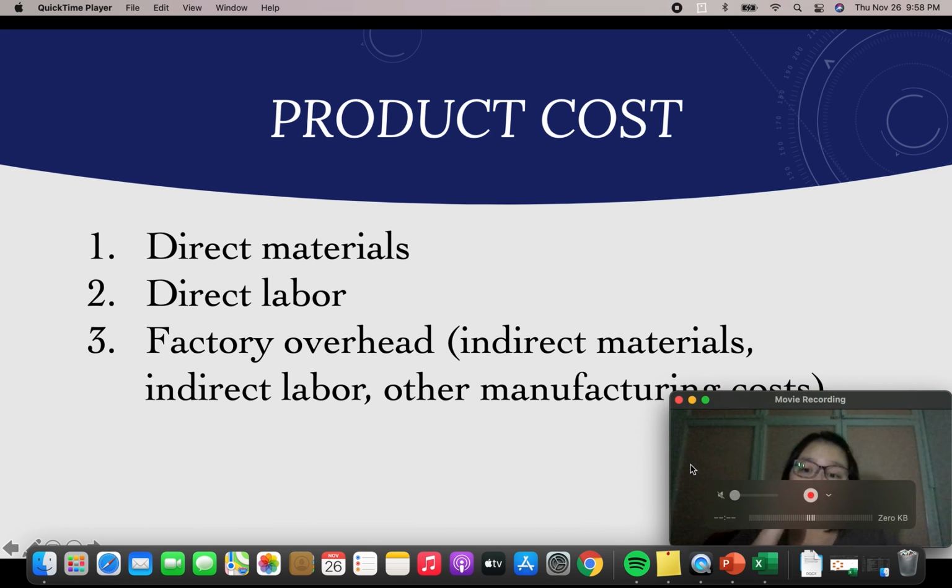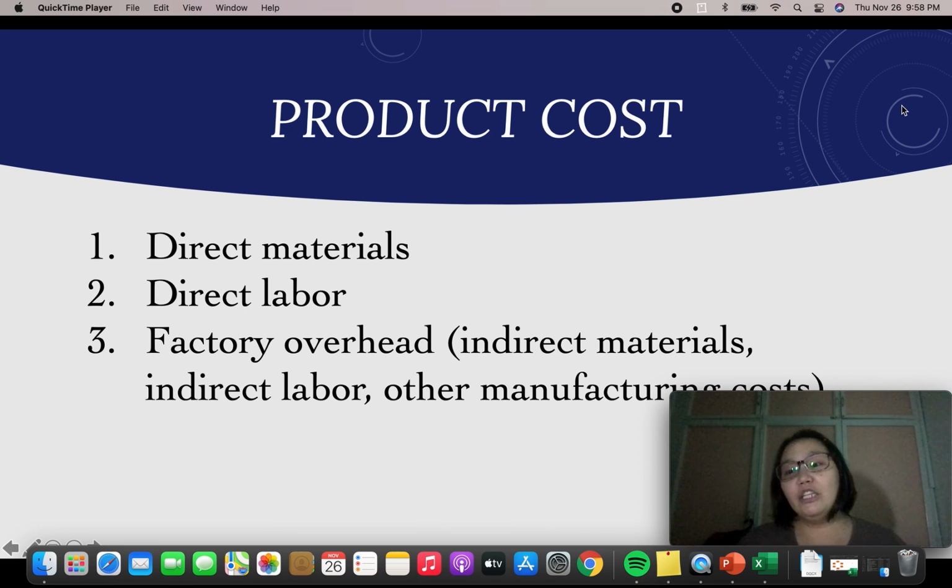To define each type of product cost, let us picture a finished product. For example, the finished product is a bag. In order to manufacture the bag, what do we need? Number one, you need the cloth, the zipper, the thread, and workers, or laborers.